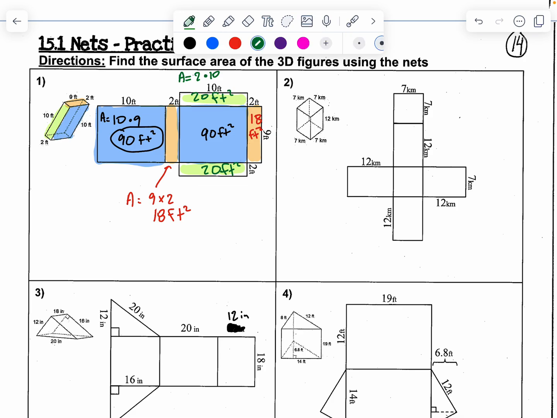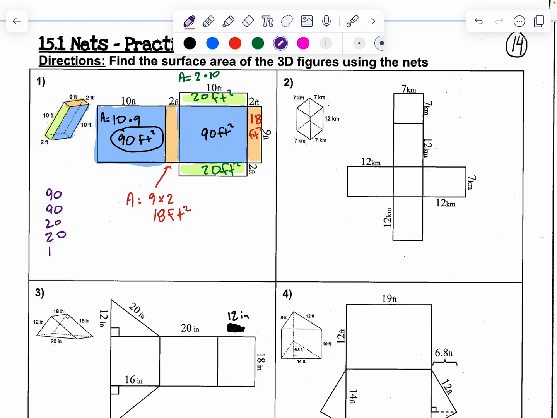So let's rewrite that. A couple ways you could have done this. You could have done 90 plus 20 plus 18 times 2, which actually probably is the fastest way to do it. But if that is too confusing for you, let's just do 90, 90, 20, 20. That's 220 already, I believe.